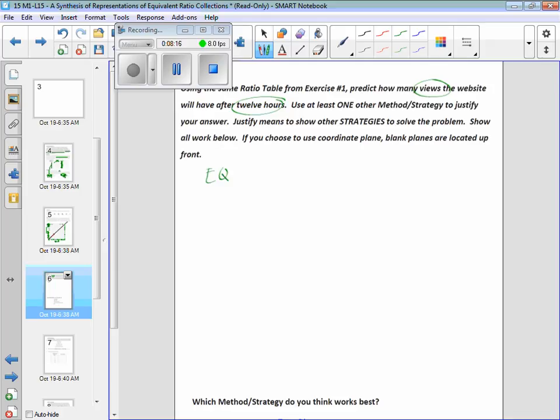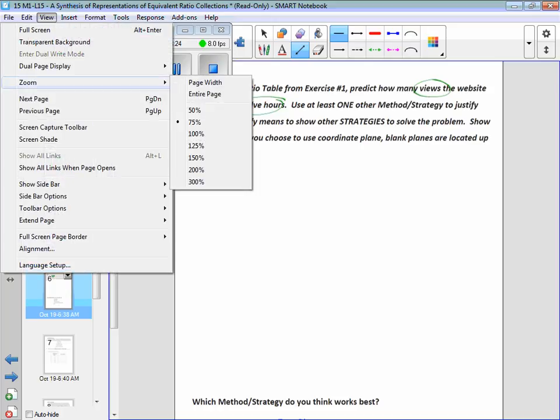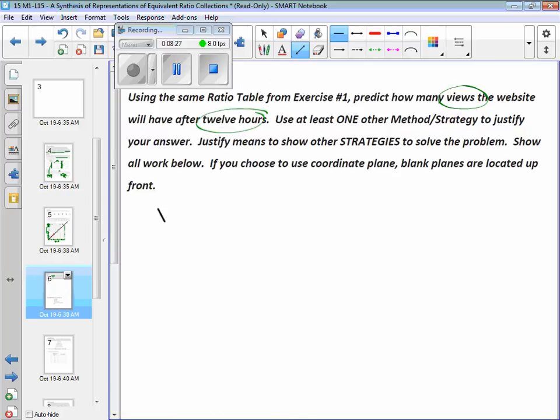Second longest is the equivalency ratio table. I'm going to show you all of them, but then after that, you pick the one that works best for you.